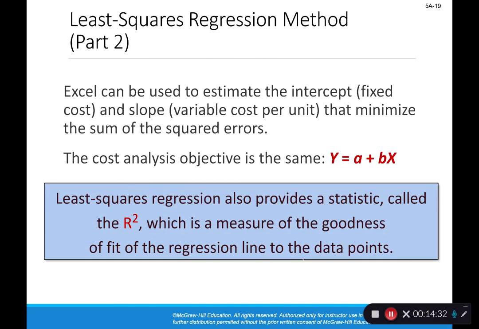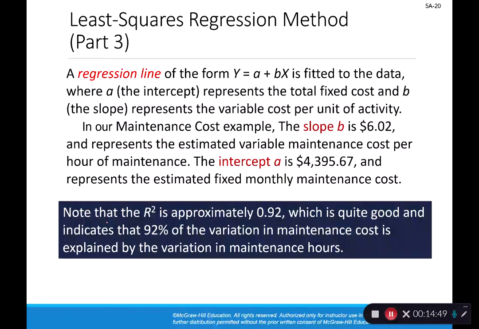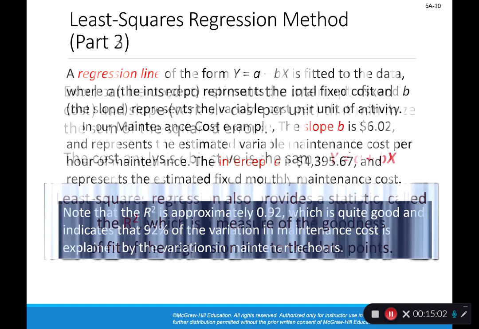So that's the output that Excel is going to give you. It allows you to come up with the cost formula. Y equals F plus VX, the way I like to present it. And then they give you that statistic R squared, which is a measure of the goodness of fit, as I've already mentioned. So if we determine the slope is 6.02 from the regression and the intercept is 43.9567, we can then use that to come up with a cost equation.